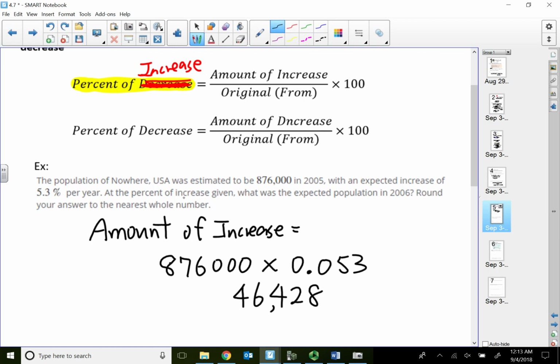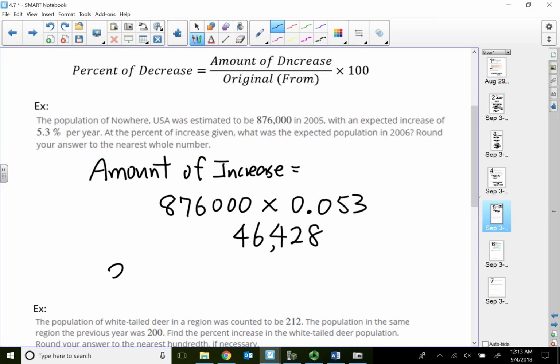So at this percent of increase given, what was the expected population in 2006? In 2006, that will be the population from 2005 plus the increase. Round your answer to the nearest whole number.